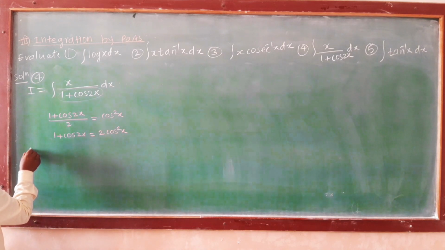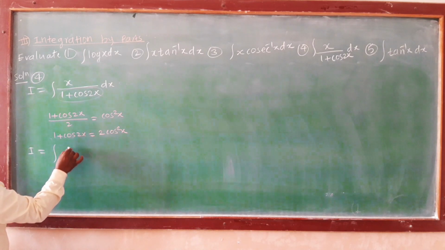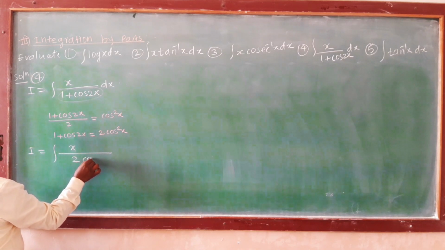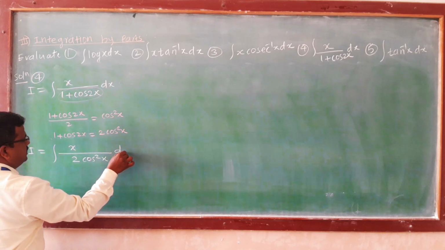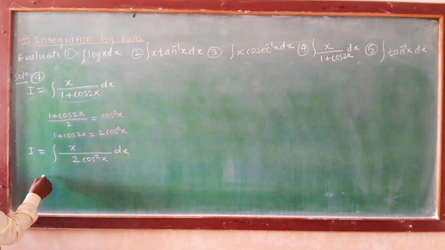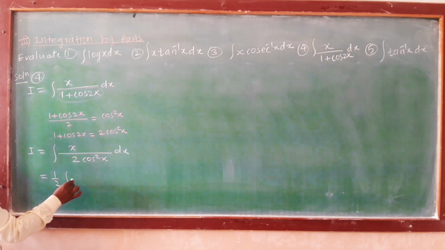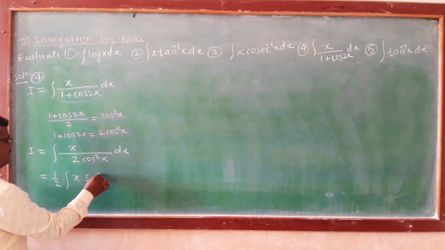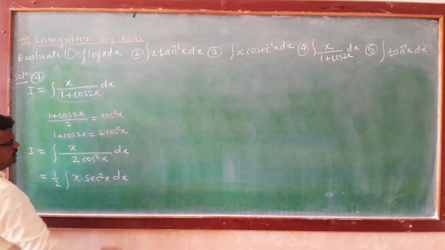Therefore I is equal to integration of x upon 1 plus cos 2x, that is 2 cos square x dx. Now take 1 upon 2 common, constant outside, 1 upon 2 outside, x into this is 1 upon cos square, which is nothing but sec square of x dx.